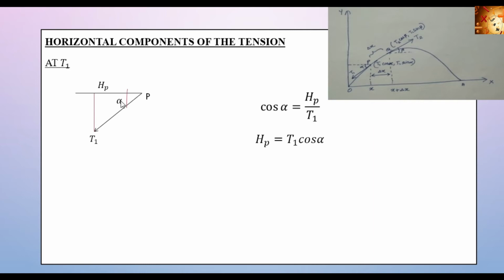For that, take cos alpha. Cosine is equal to adjacent side divided by hypotenuse, that is HP divided by T1. Therefore, HP equals T1 cos alpha. So the horizontal component at P is T1 cos alpha. Similarly, we can find the horizontal component at Q.